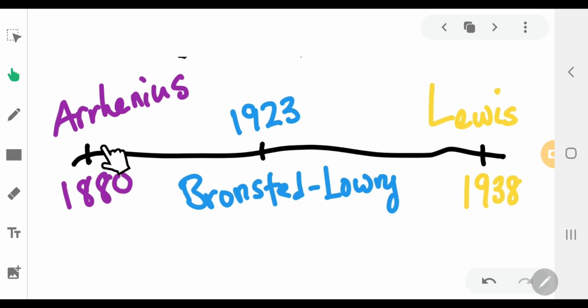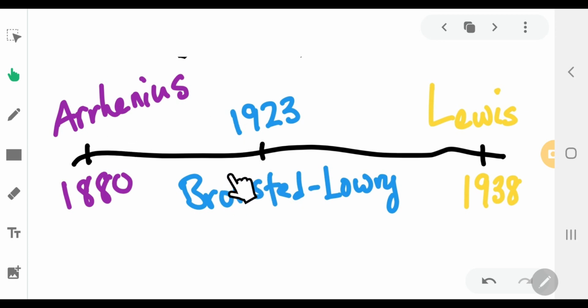this is because from Arrhenius, Bronsted-Lowry realized that there were limitations in the Arrhenius theory. Therefore, from that limitation, Bronsted-Lowry developed a new set of theory to complement what we have in Arrhenius. Don't get confused.